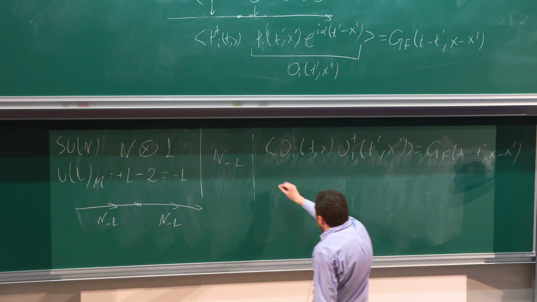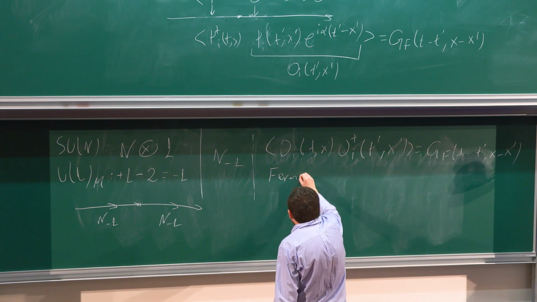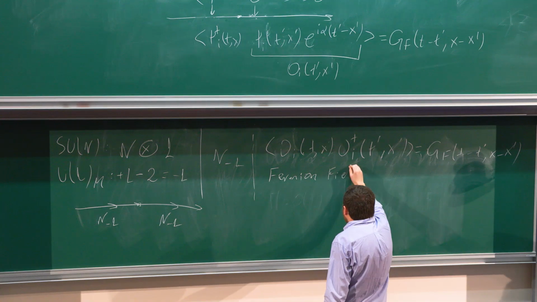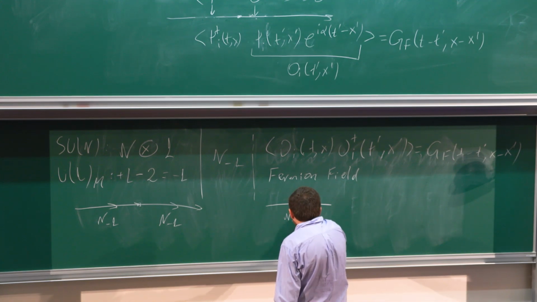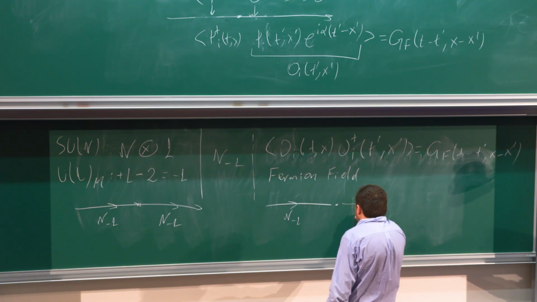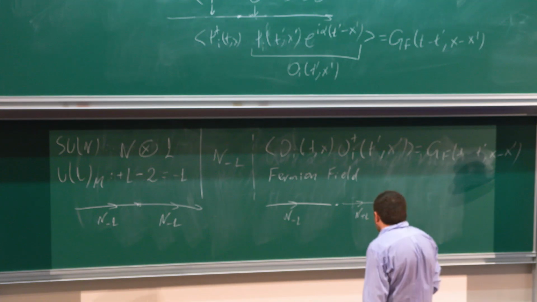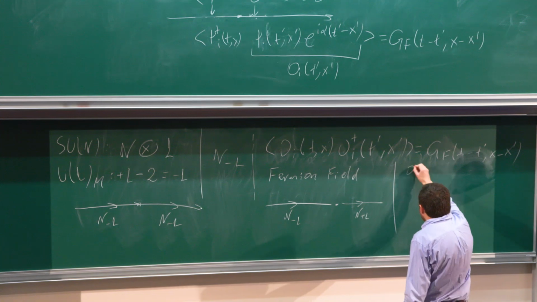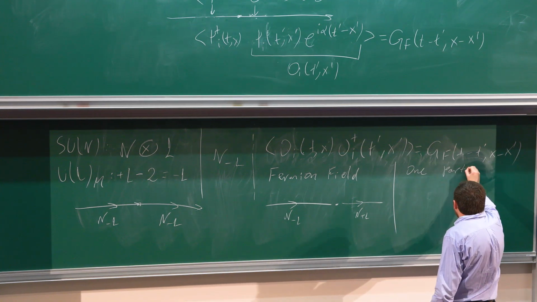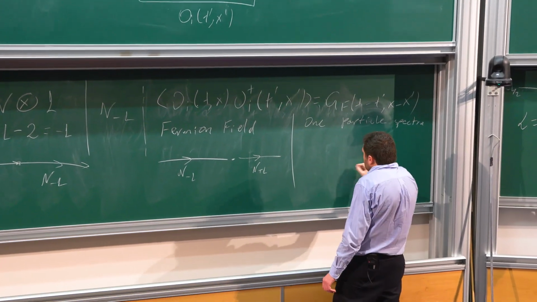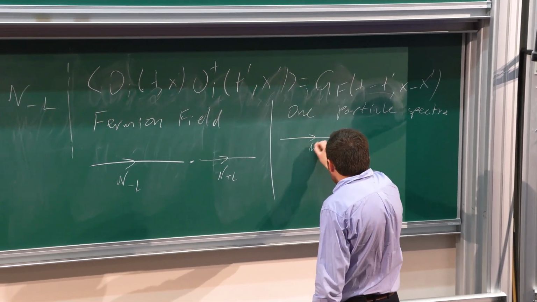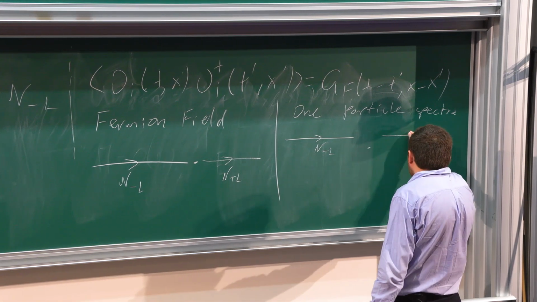If you look at the fermion field content of the theory, you will find that it is n-1 that is ingoing, it is n+1 that is outgoing. If you look at the one particle spectra of the theory, you will find n-1 goes in, n+1 comes out.